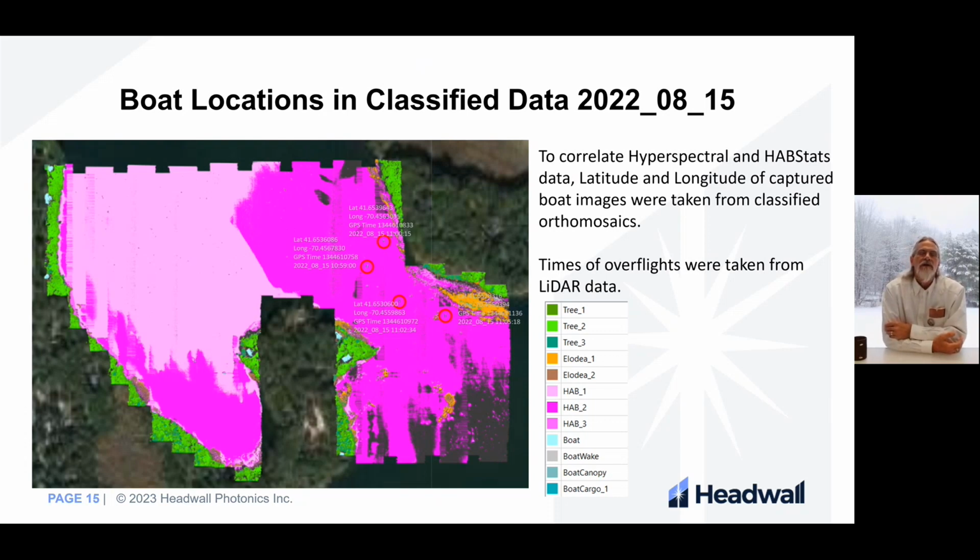Because we have spectral imagery, we can take the image and we can classify each pixel according to what its spectrum is most like. And so I've built a library with several different kinds of trees, a couple of species of Elodea, which is a non-algae plant that grows in the pond, three different types of toxic algae, and three different spectra that I was able to associate with the boat in the imagery.